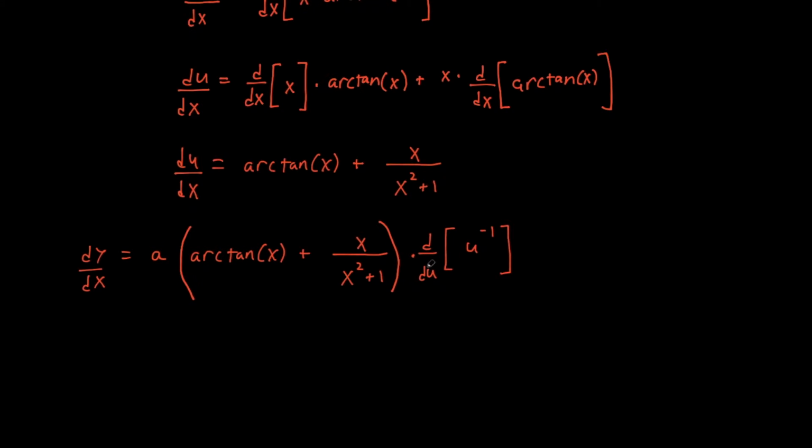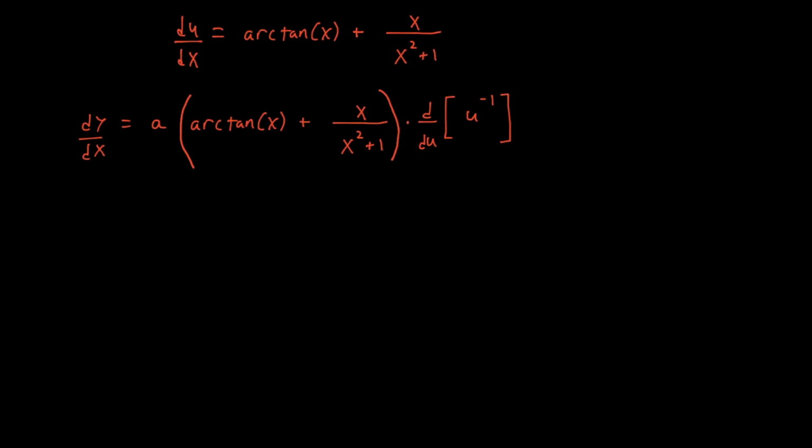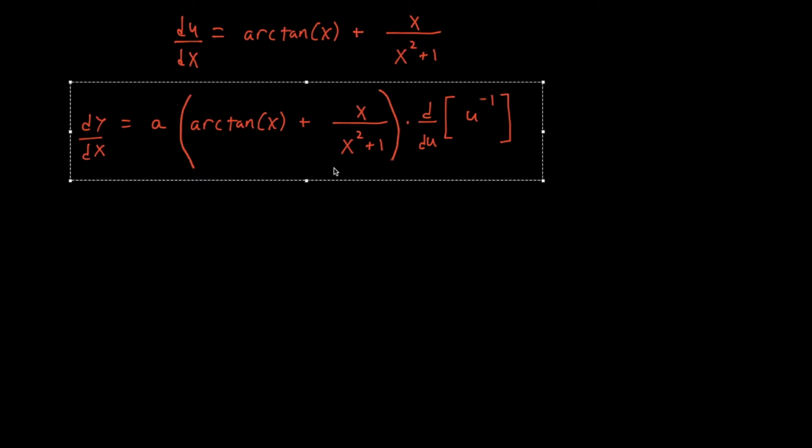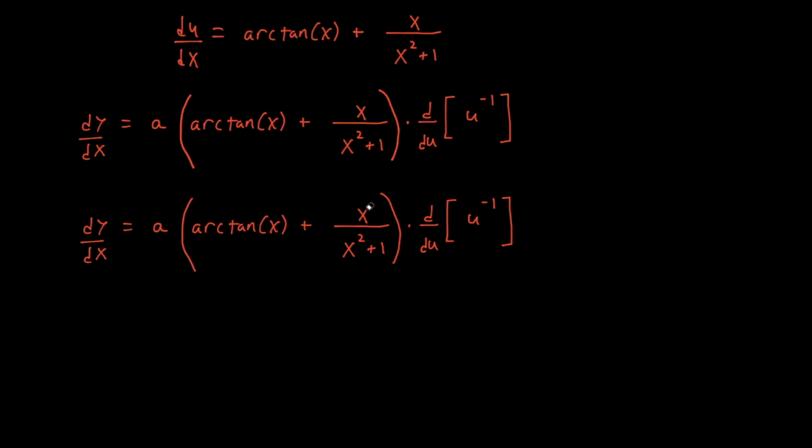So now the derivative of u to the negative 1 is going to be equal to, let's rewrite this line so we can take the derivative. We can rewrite the derivative of u to the negative 1 as negative 1, because that negative 1 comes down, u to the negative 2. Let's put that u to the negative 2 in the denominator.